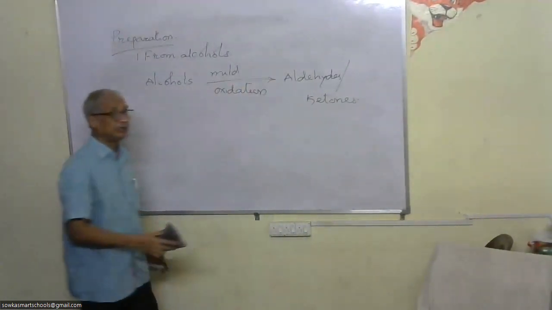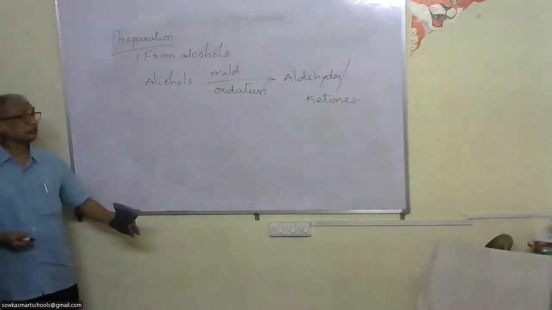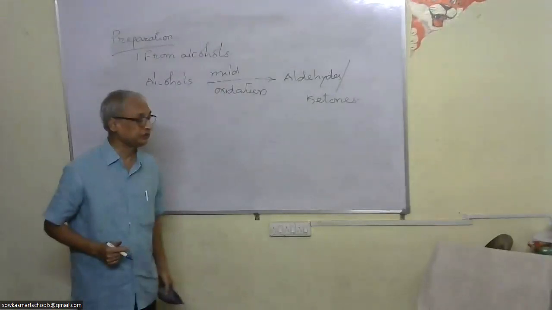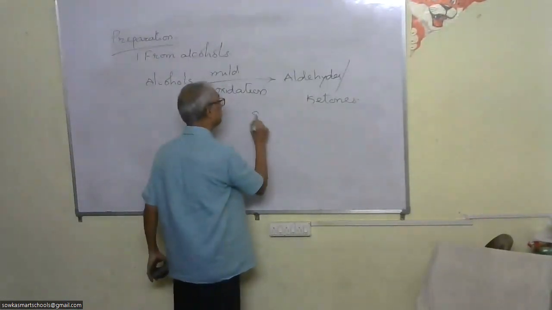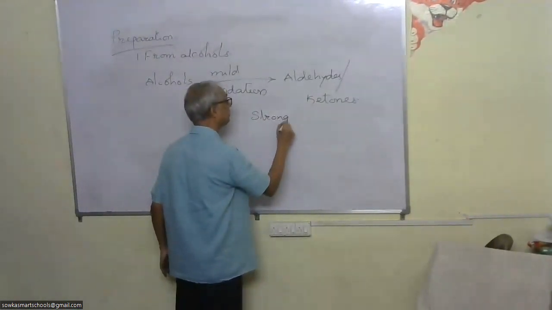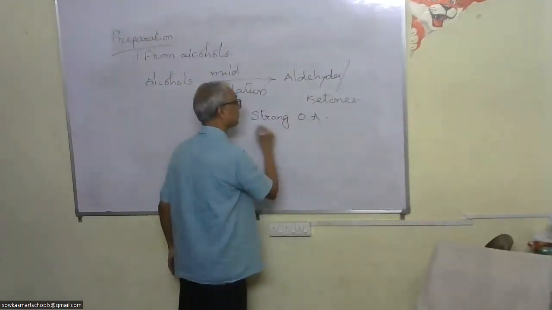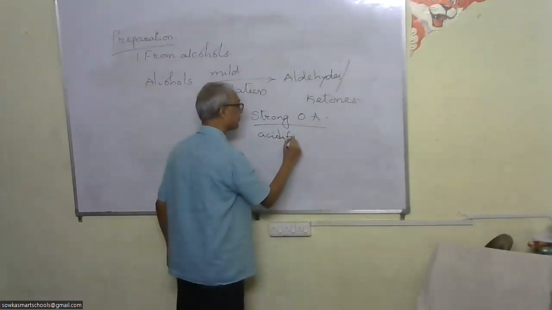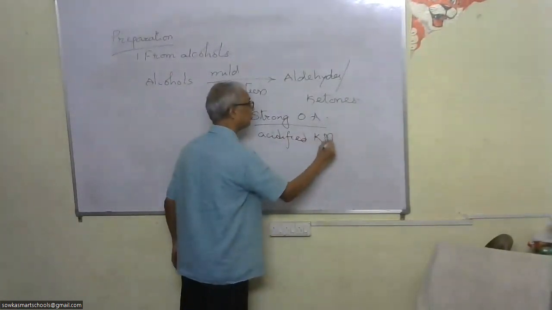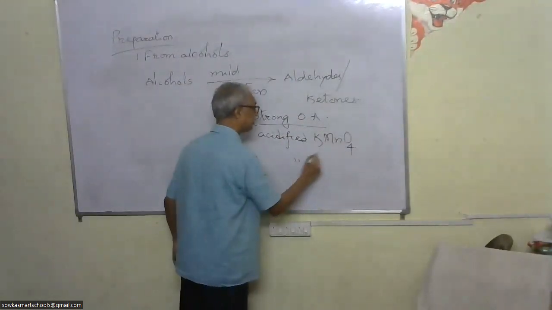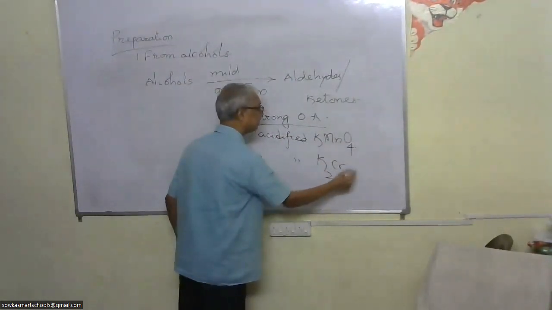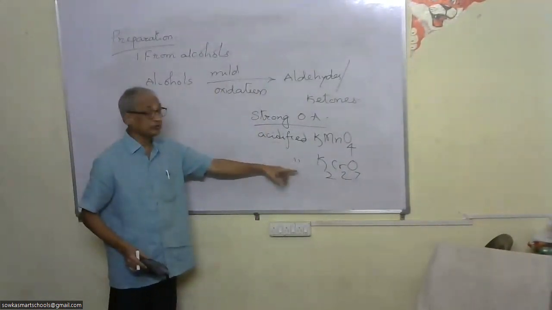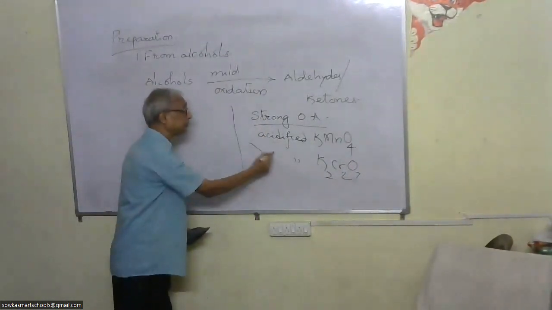So naturally you require the reagents which give mild oxidation and which give strong oxidation. Generally, strong oxidizing agents are acidified KMnO4 or acidified potassium dichromate. Because we should not do strong oxidation, we should not use these reagents.